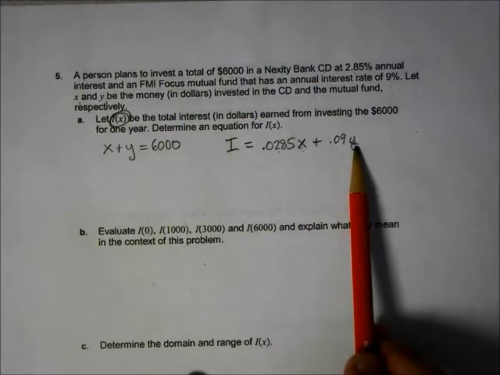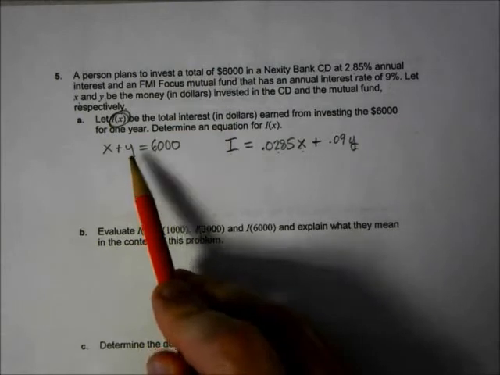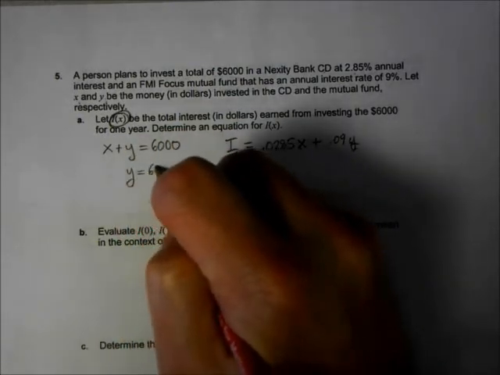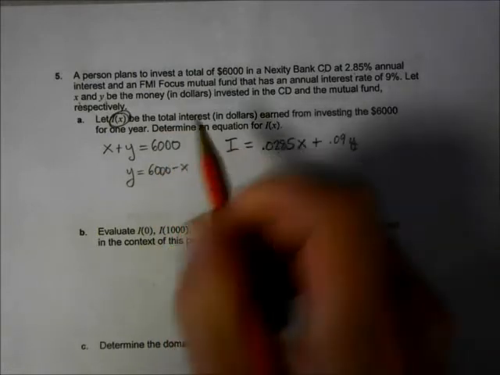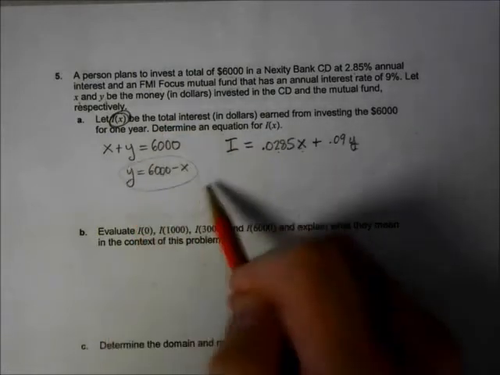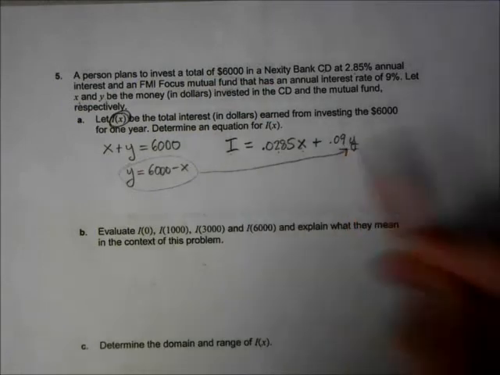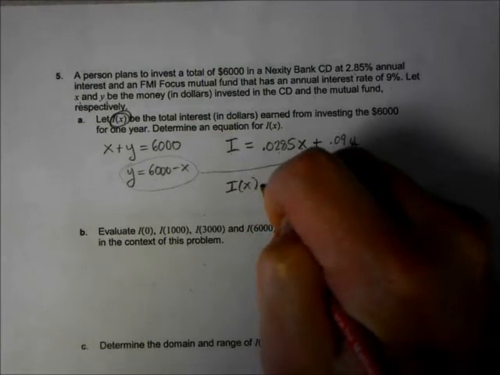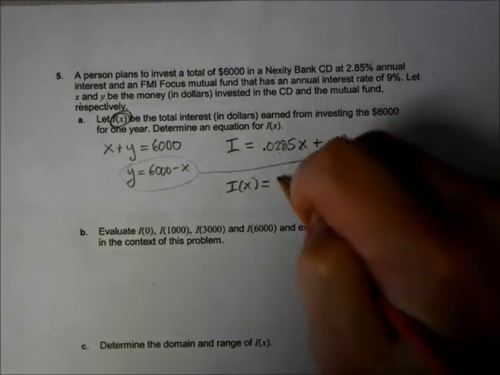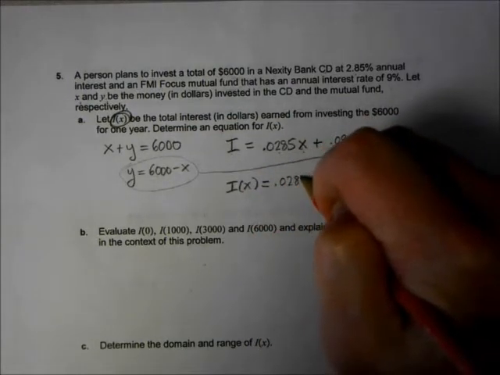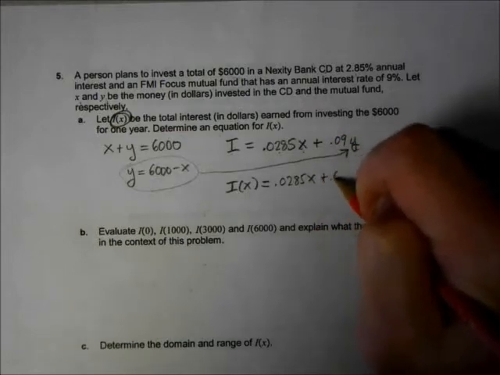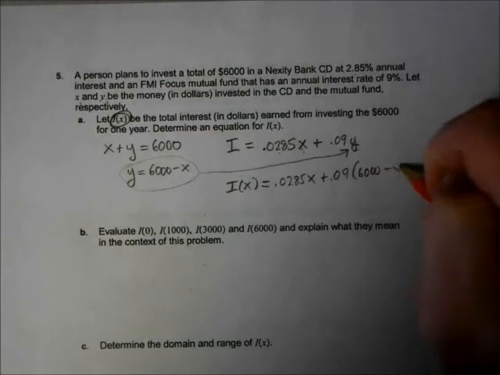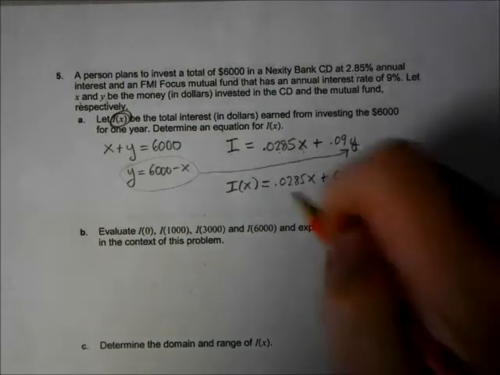So what they're really telling you is, you're going to do substitution. You're going to write Y equals 6,000 minus X, and plug it in right there. So that gives me a formula for I, which only has the letter X in it. That's 0.0285x plus 0.09 times (6,000 minus X). And I think I'm going to simplify that.